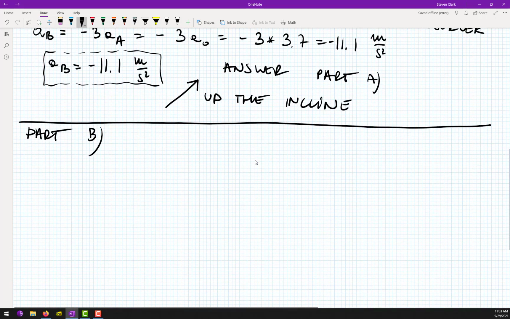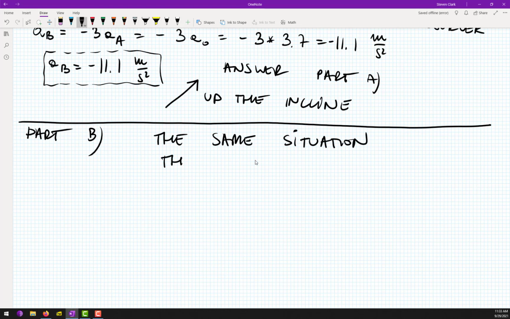So we have the same situation, but this time seen by an observer attached to block A.